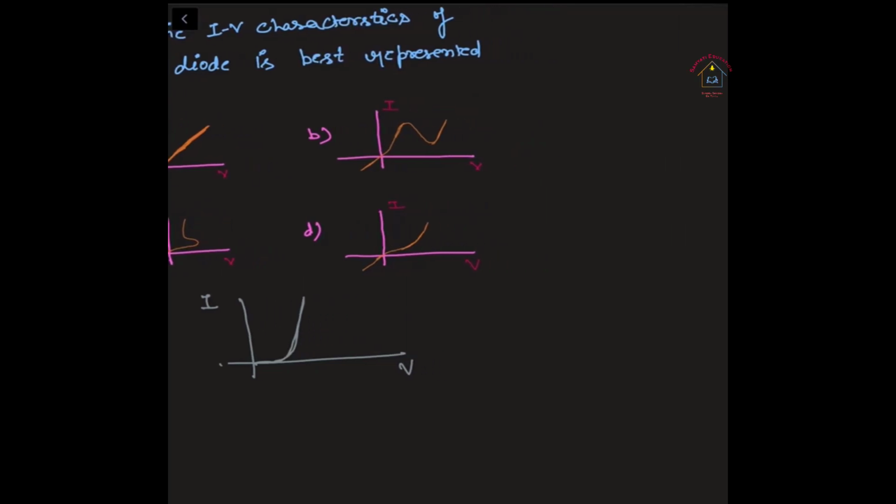So the characteristic of tunnel diode, if you see it, will be like something this. It is called the peak point, and it is called the valley point, and this region is negative.